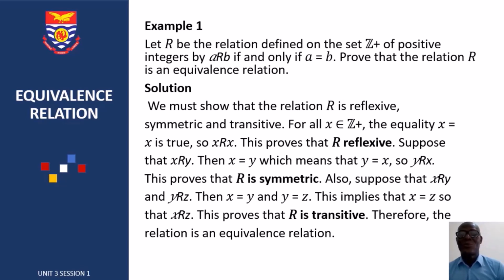So now let's look at the reflexive condition. If we take x to belong to the set of positive integers, then the equality sign in A is equal to B becomes x is equal to x, which means that x is related to x.